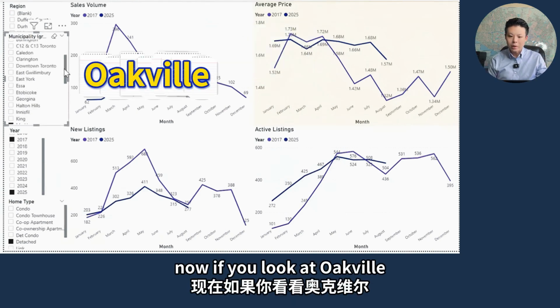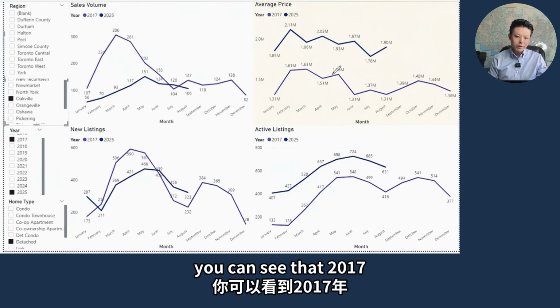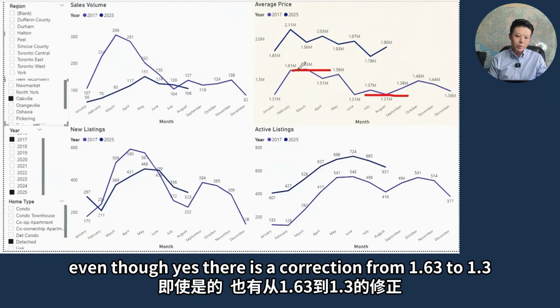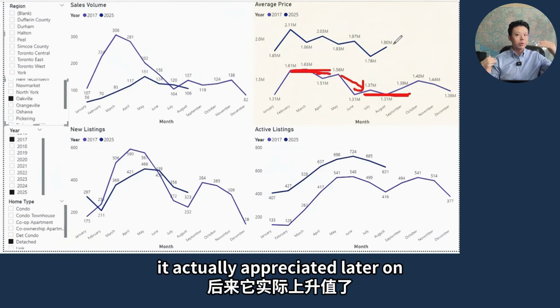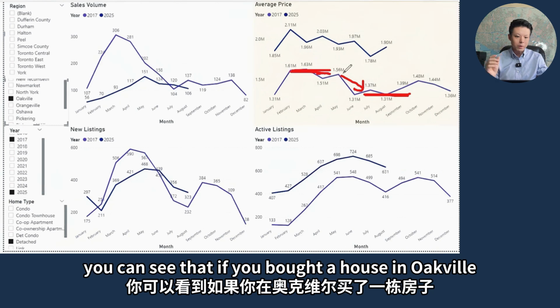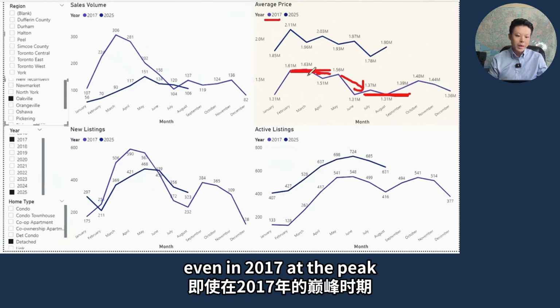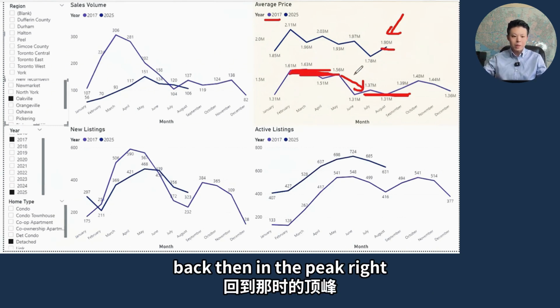Now, if you look at Oakville, it's quite a different story. In Oakville, you can see that 2017, even though yes, there is a correction from 1.63 to 1.3, the correction is small comparing to how much it actually appreciated later on. So right now, you can see that if you bought a house in Oakville, even in 2017, at the peak, you're still above water at on average 1.9 versus 1.63 back then in the peak, right?